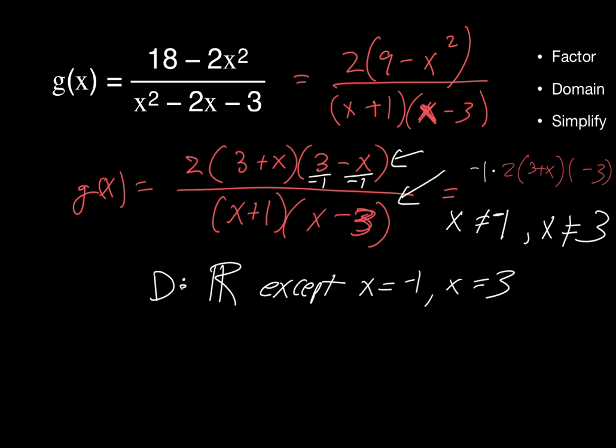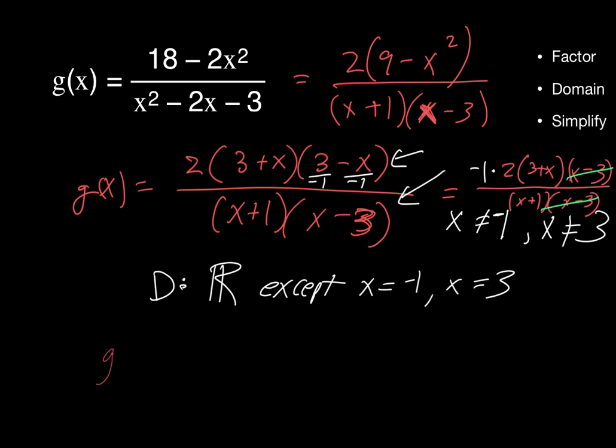Negative x divided by negative 1 is positive x. I then have x minus 3. Denominator still is x plus 1. X minus 3, and now I can reduce the x minus 3 and the x minus 3.